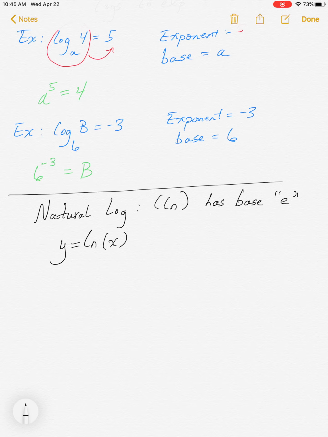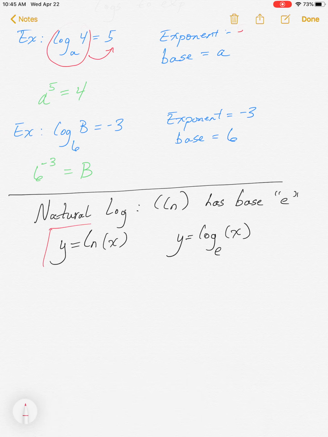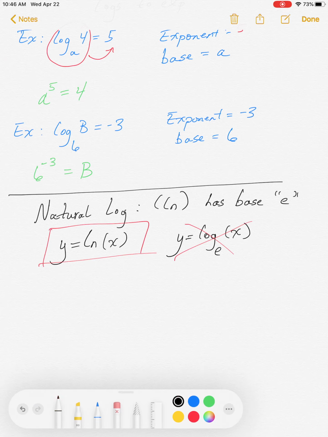To give you a visual, it could look like y equal log base e of x. That's basically what natural log is saying. It just isn't written out like that. The proper format for writing natural log is using the ln function.